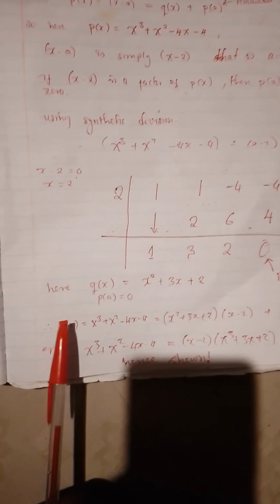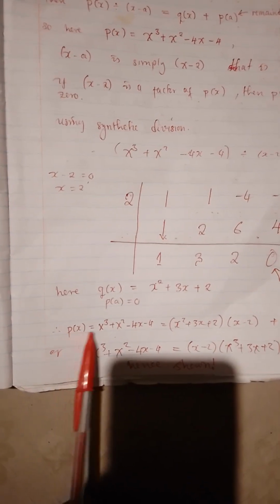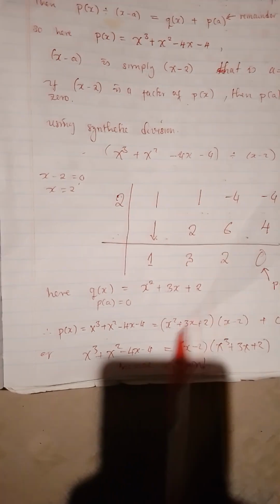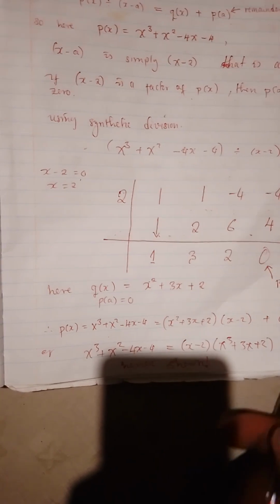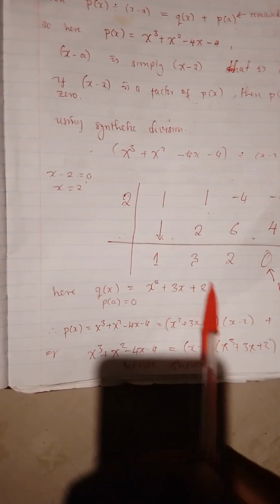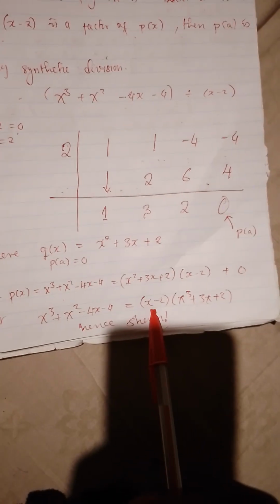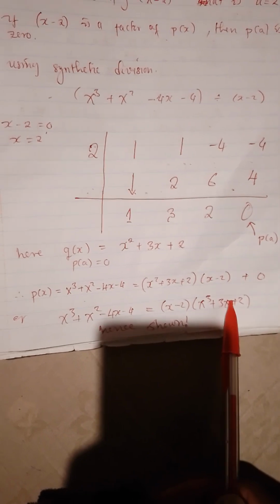Meaning that now our p of x is simply this value multiplied by the factor x minus 2, or you can swap, with the factor in front and the other one at the end.